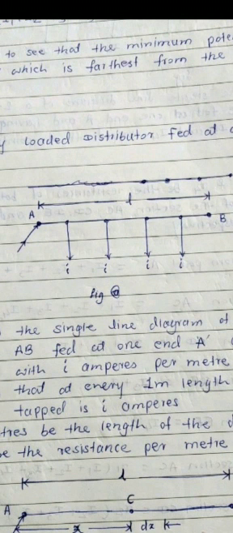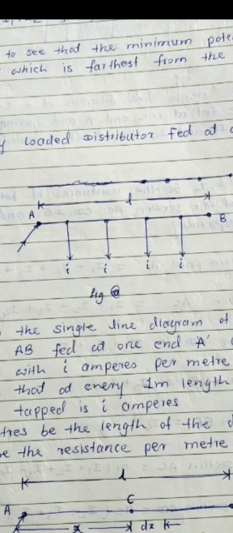So we have to look at the diagram carefully. The current, small i, is uniformly tapped at various points. That means it is an equal length of distribution of current.